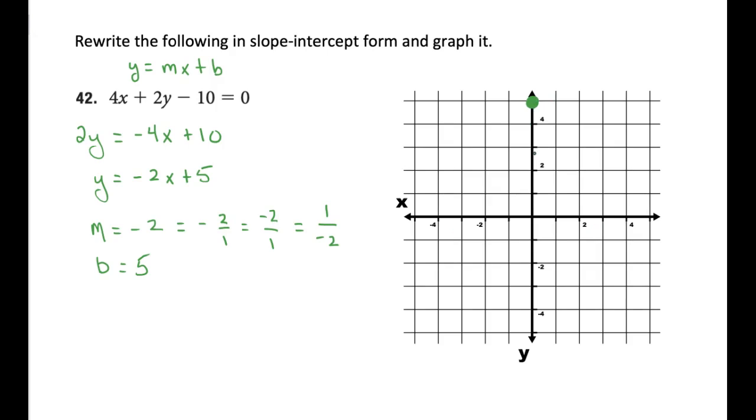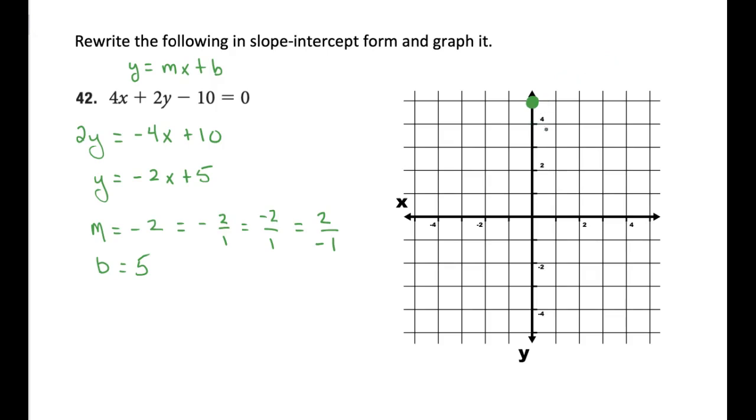So you can go down, I am getting in a hurry here. And that also means 2 over negative 1. Sorry for the misspeak there. So that means the negative can be either on the rise or the run, is what I'm trying to get at. So the rise can be up and to the left or down and to the right.